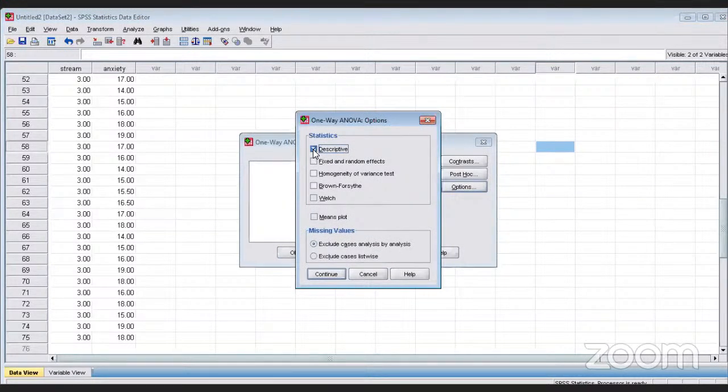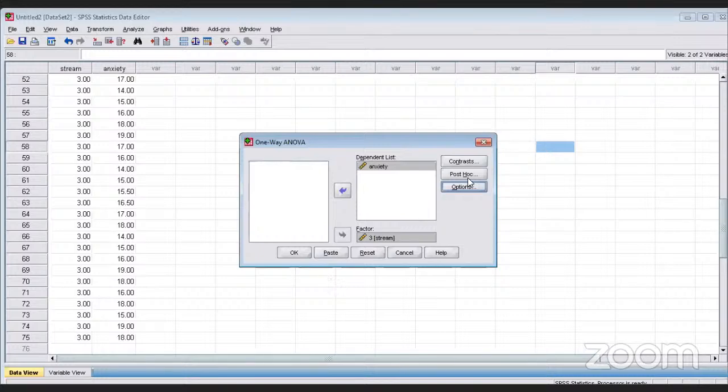Do you want? Yes. Then it is a fixed and random effect. Let us have this. I will tell you what it is. And then homogeneity of variance test. If you want, you can have that also. And now you continue.